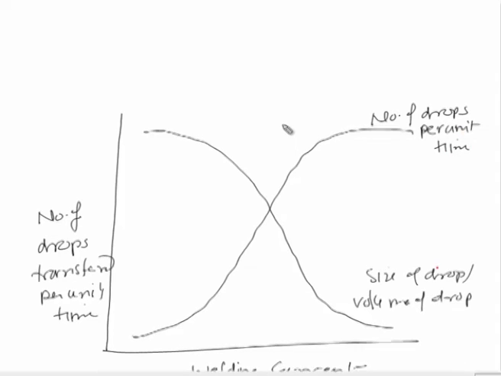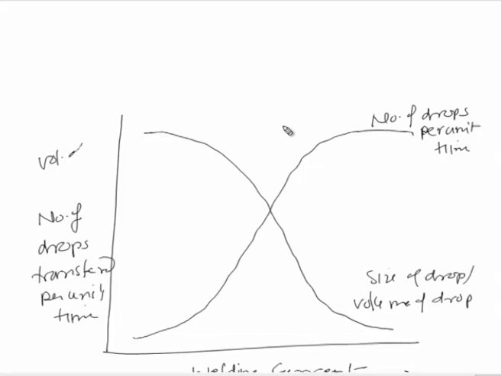These two are opposite as far as trend is concerned as a function of the welding current. So here is the volume of drops, and here is the number of drops being transferred per unit time.